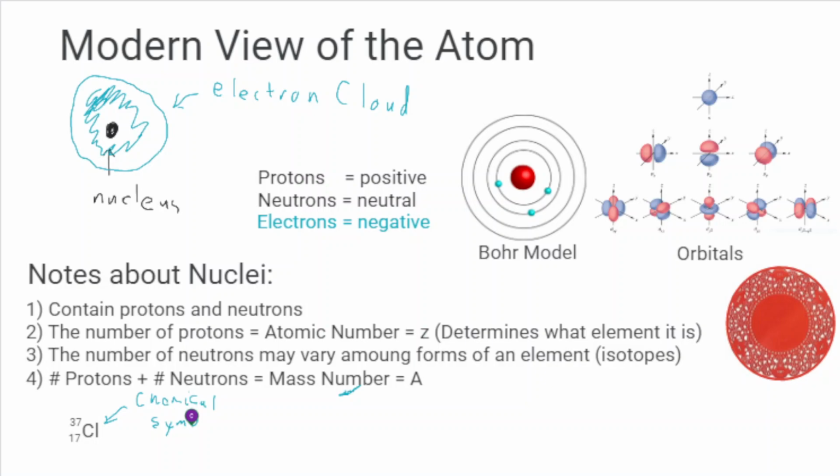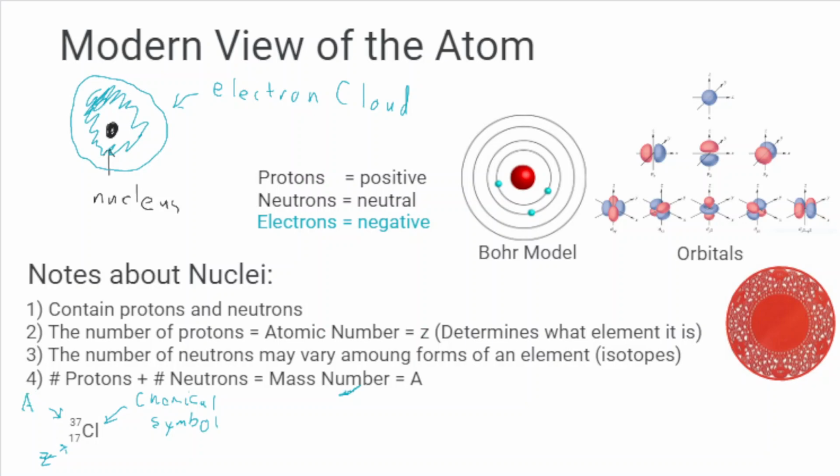In this case, chlorine is Cl. And then we have the 17 written down here, and this is the atomic number, or Z. So this is the number of protons found in chlorine. And then this 37 is the mass number, also written as A.